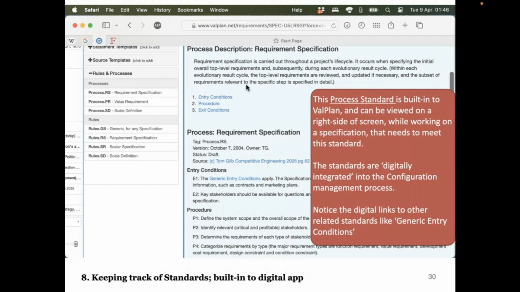And we've pulled this into the digital tool so it's available at all times. And so we can navigate around all of the different standards while we're working on doing them in practice. Again, in other words, part of our configuration management system is the configuration management of all known processes and all other standards.